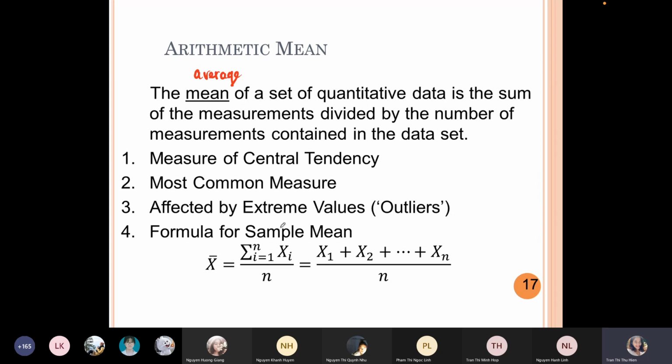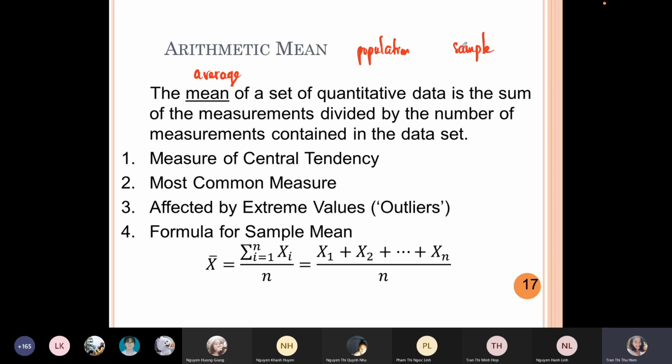In this lecture, we have to distinguish the difference between the sample and the population, which we learned in the previous lecture.